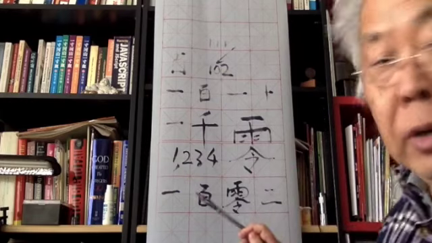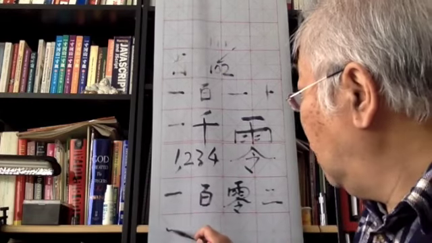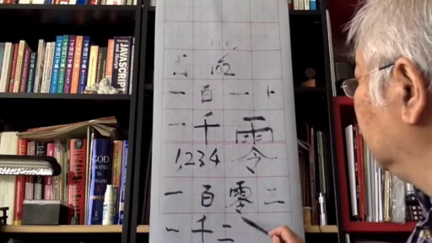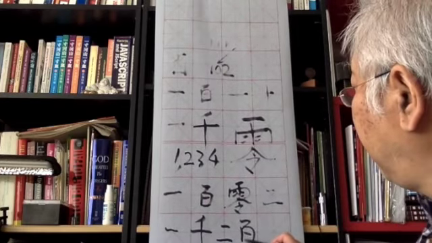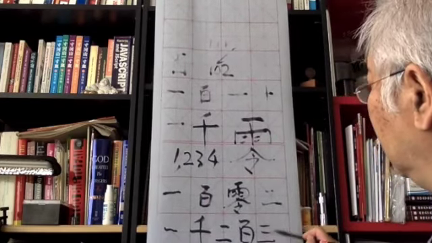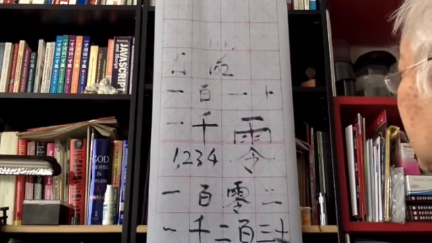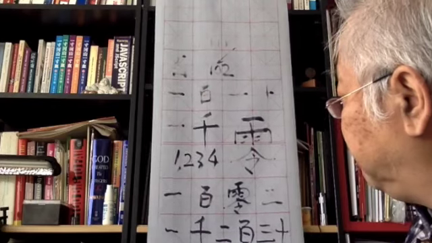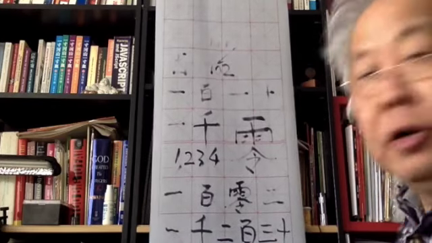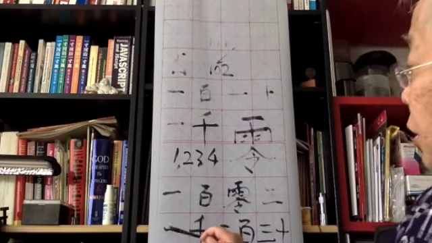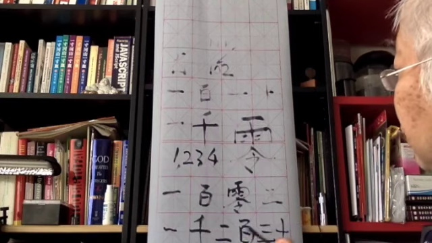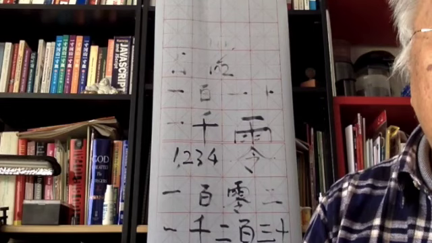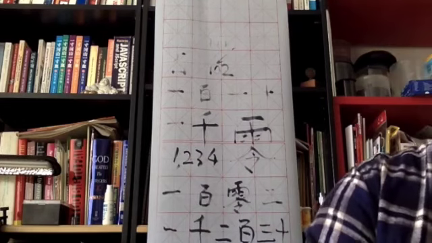We'll put it as 1,000, 2, 100, 3, 10. I'm running out of space, so I will put it down here: 4. So all these characters combined together, 1, 2, 3, 4, 5, 6, 7, 7 characters combined together represent 1,234.